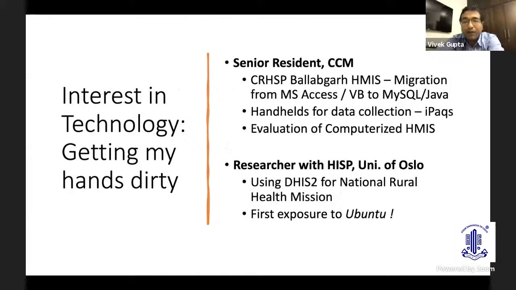During this period, while I was doing my senior residency, I got interested in the domain of computerized HMIS and using handhelds for data collection. At that time there were these iPAQs, an HP iPAQ, and there was one more company, and we experimented with those for data collection in the field.